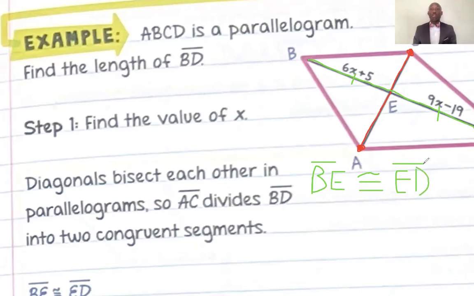Again, we're trying to solve for the length of BD, from B all the way across to D. We don't know it yet, but we do know that BE and ED are congruent, and we know the expressions for their lengths. So now we can set 6x plus 5 equal to 9x minus 19.